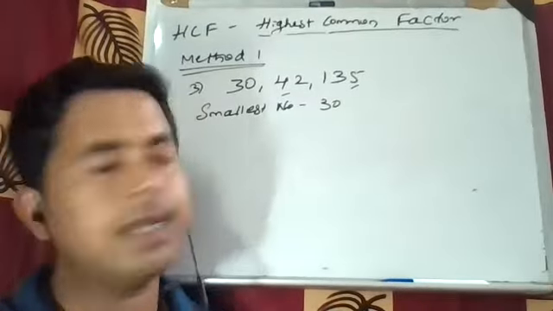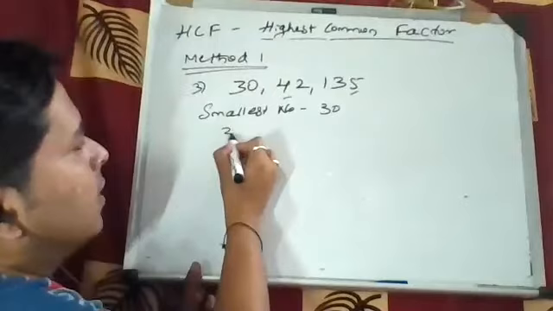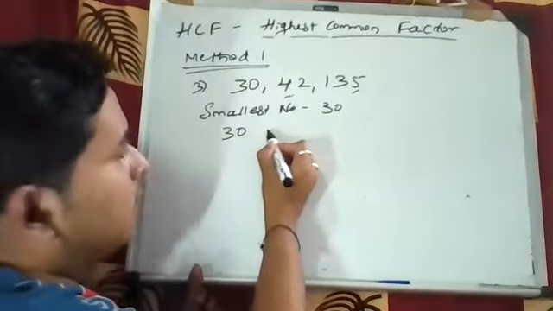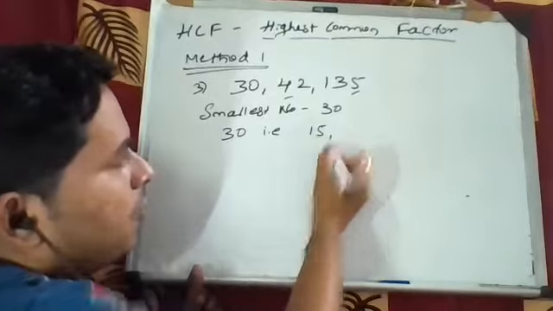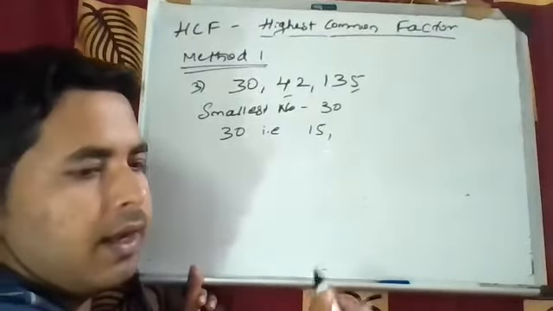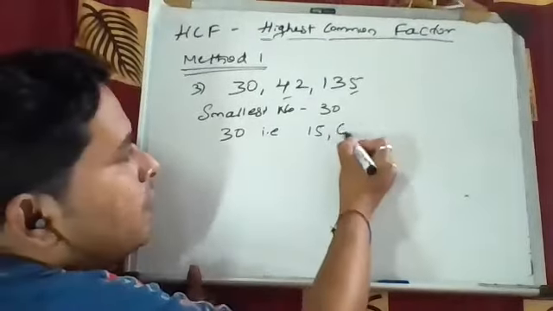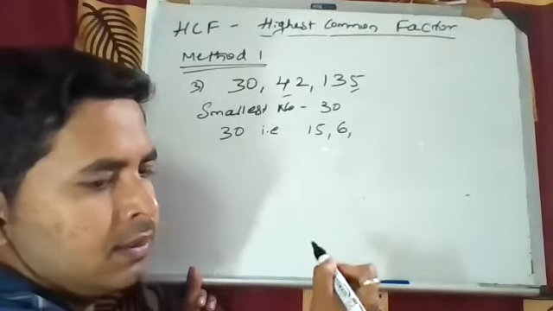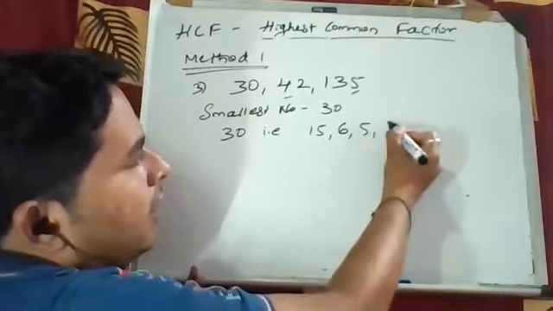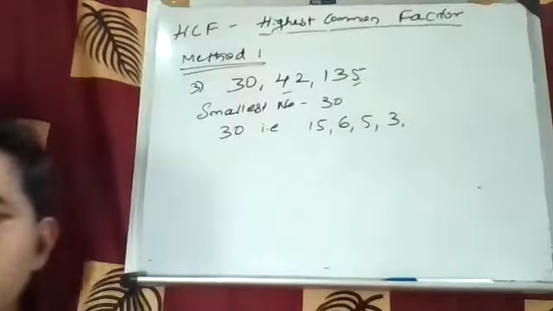So what to do for that? Take the factors of 30. 15 is a factor of 30 and 6 is a factor of 30. Okay, and 5 is a factor of 30 and 3 is a factor of 30.